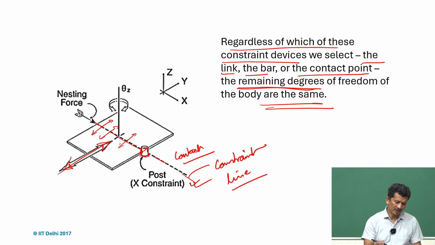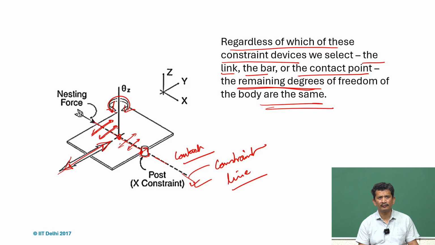What it also means is, if we try to rotate along the z axis, which can be on the constraint line or passing through any point on the constraint line and perpendicular to the plane, we can choose any axis, and if we try to rotate, it is possible, because that point may not move, but elsewhere we will have that tangential motion, the motion perpendicular to the constraint line, and therefore that rotation is also possible.